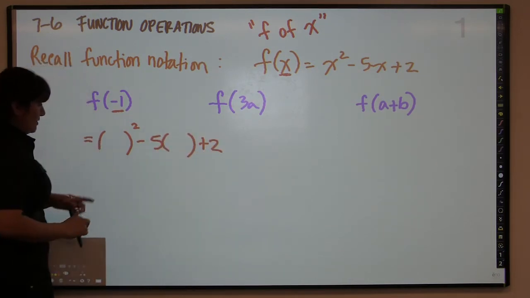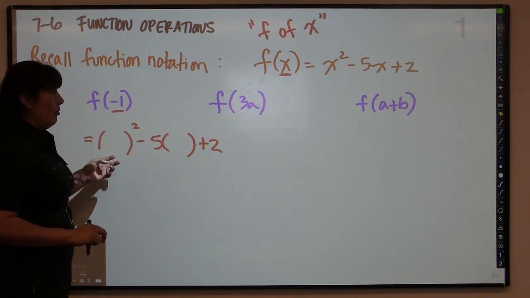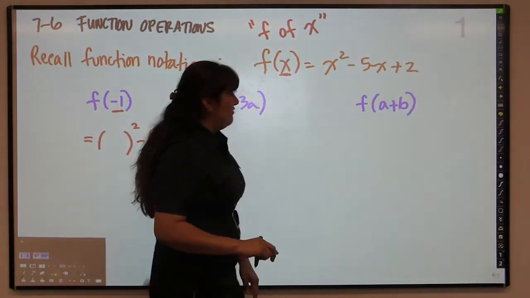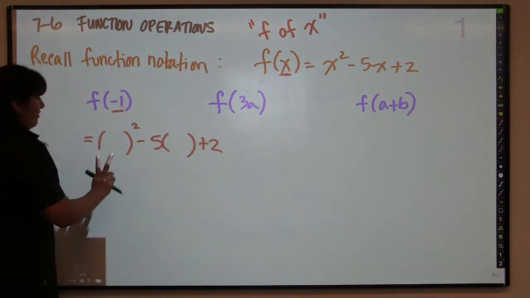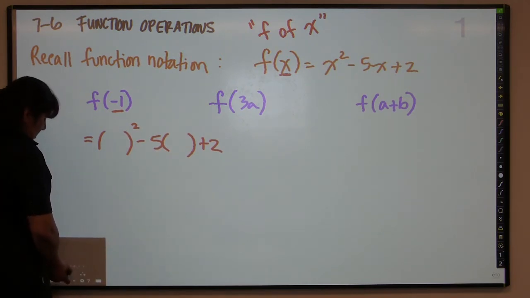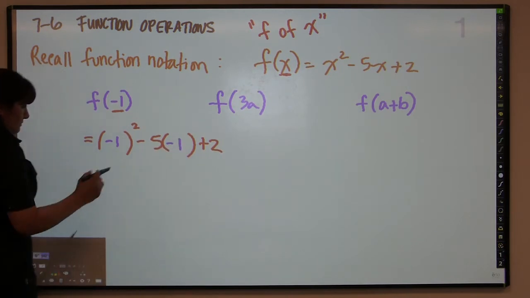In other words, I'm going to put parentheses in any place where the variable was. So I have a variable here and a variable there. So there's two places in the function where there's a variable. So I'm putting the parentheses there for that. And then I replace the x's with -1s in both situations.